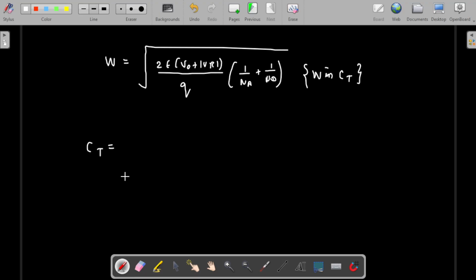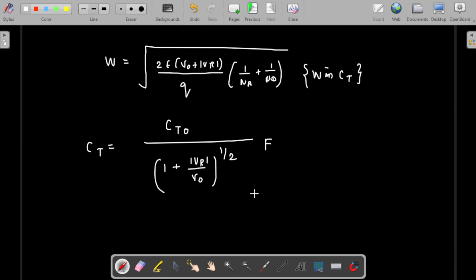So when we remove all the constant terms, we will be able to get the required equation. If we substitute and remove all the constants and name that constant as CT naught, then we will be able to get this value: CT equals CT naught divided by V naught power 1 by 2, which is in farad.